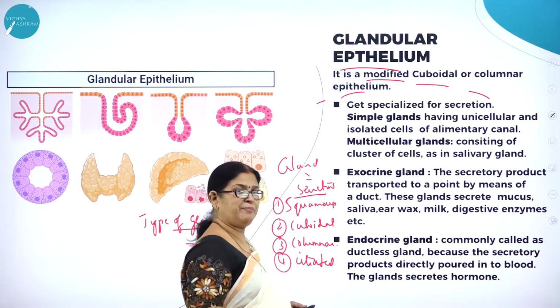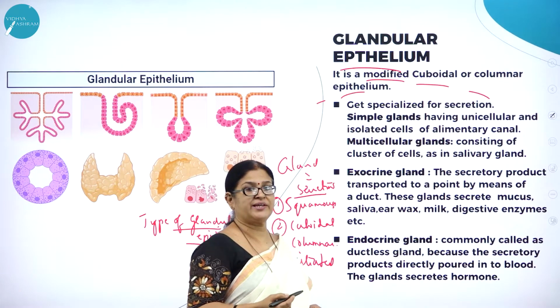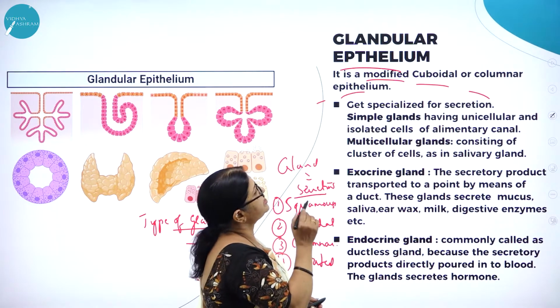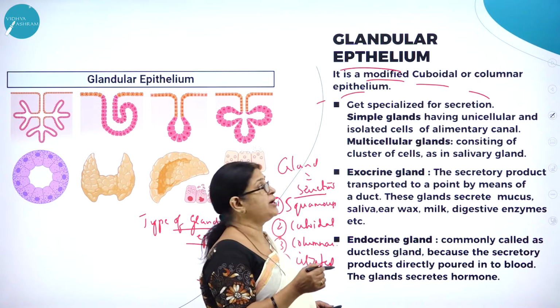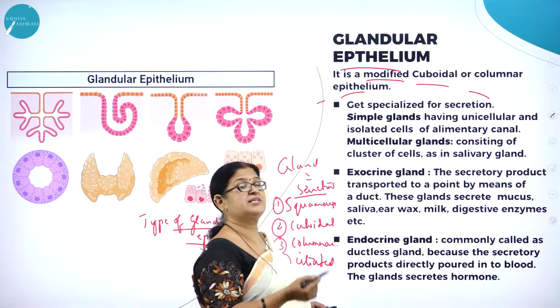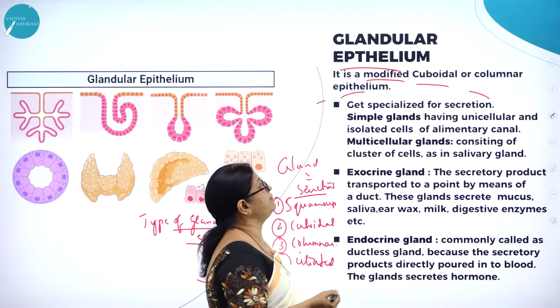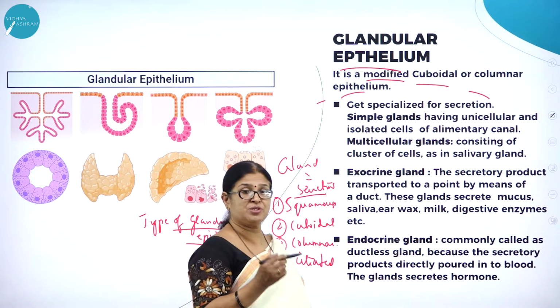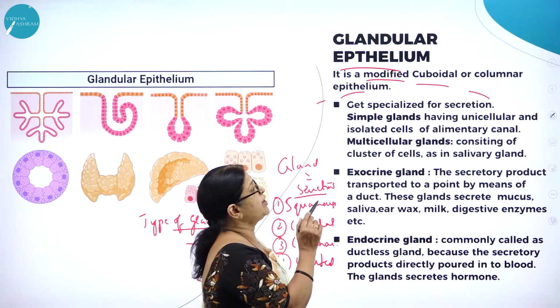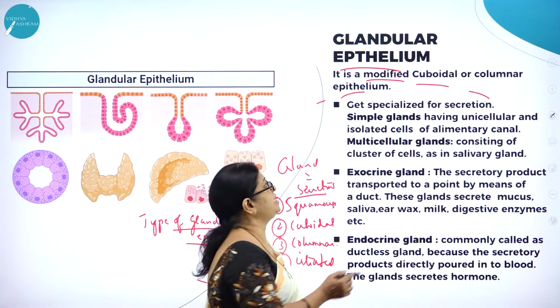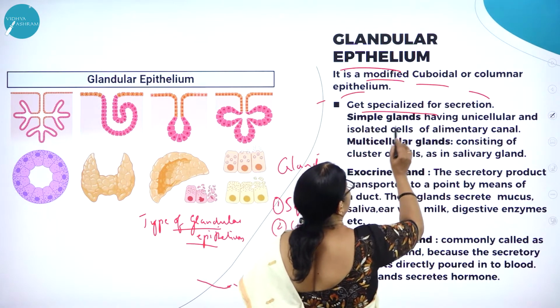So glandular epithelium means that which secretes certain secretions. So it is a modified cuboidal or columnar epithelium. Just like ciliated epithelium was a modified cuboidal or columnar epithelium, glandular epithelium is also a modified cuboidal or columnar epithelium, specialized for secretion.